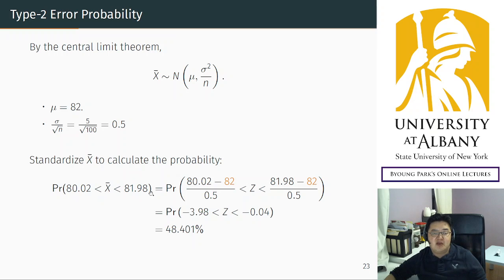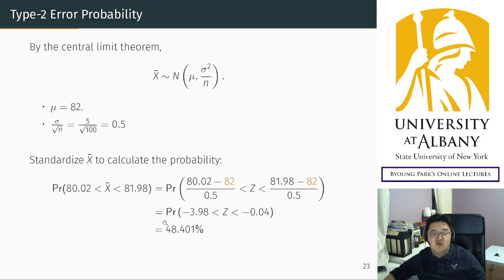So the probability can be standardized, x bar transformed into z, standard normal distribution, and then the two numbers are transformed in the same way. Subtract the mean and divide by the standard deviation. And then now you have a different number. The resulting numbers are not the familiar ones. Earlier you had plus minus 1.96, but now it's not a common number.